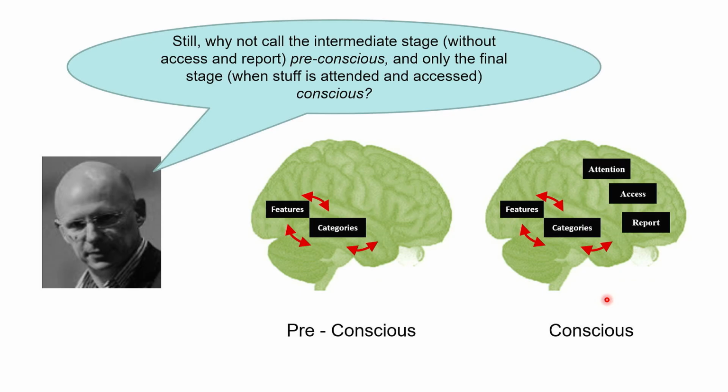Why should we even call these conscious and not simply call them pre-conscious, and only call the final stage, when stuff is attended and accessed, really conscious? Because this is Stanislas Dehaene, one of the main proponents of global workspace theory, one of the main proponents of this taxonomy, where we call this level pre-conscious and this level conscious.